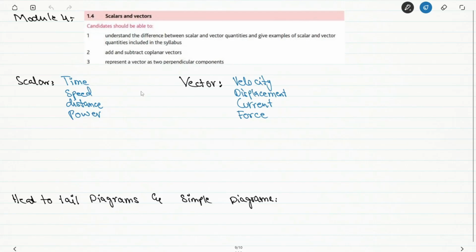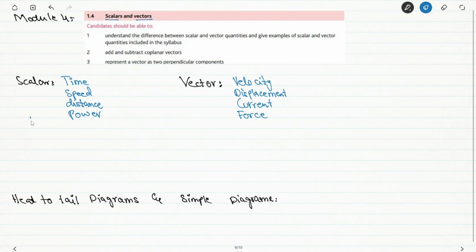Okay, so last module of this chapter is the concept of scalar and vector quantities. All right. So the first thing we're going to do is just discuss some scalar and vector quantities included in the syllabus, and their concepts.